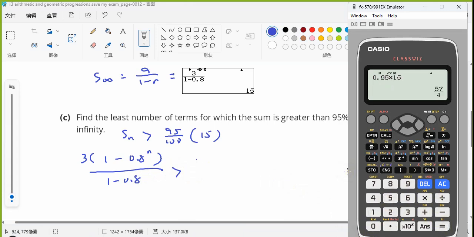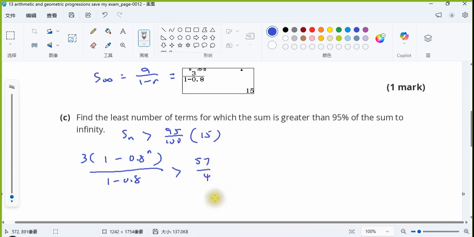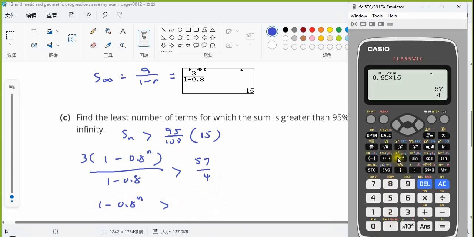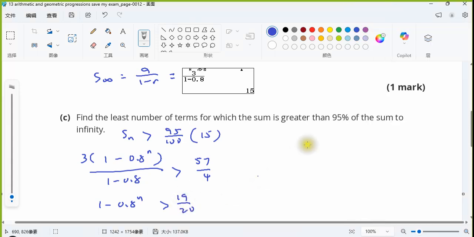So it's 57 over 4. Okay, and then 1 minus 0.8 power n greater than this one, multiply with 0.2, and then divide by 3. So 19 over 20. So 1 minus 19 over 20 is 0.8 power n. Then we have 0.8 power n is 1 over 20.